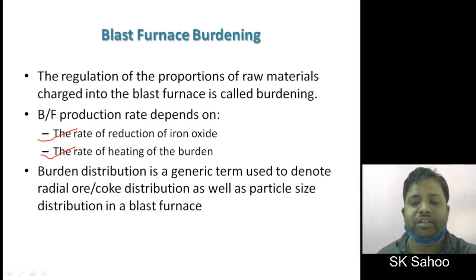For efficient reduction and heating, the burden should have uniform and good bulk permeability throughout the cross section, which offers uniform resistance to the blast and increases its residence time. This also enhances the carbon monoxide utilization. In other words, it decreases the coke consumption.